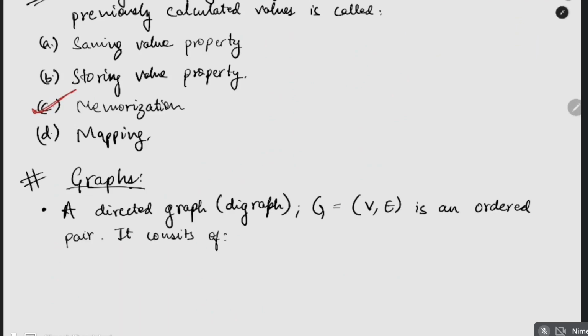It consists of a set V and E, and what are V?